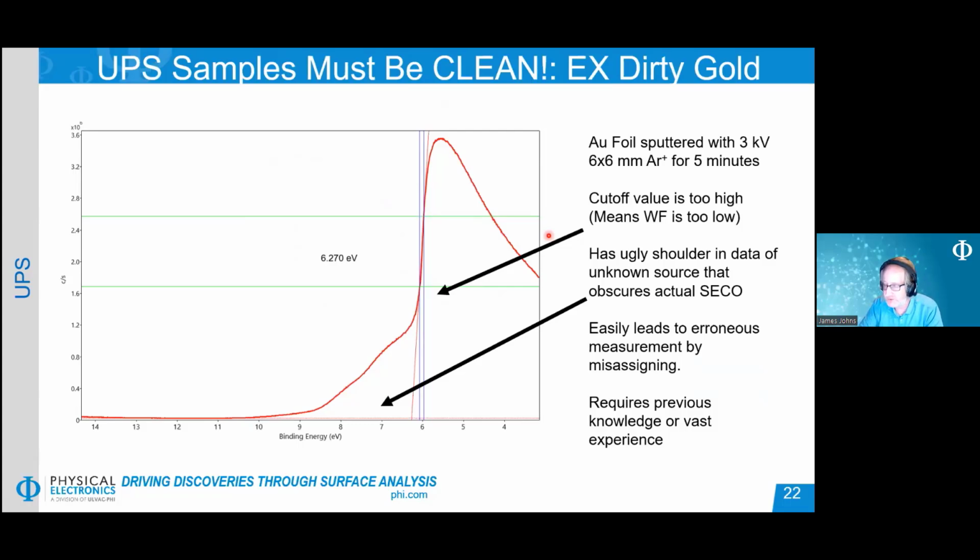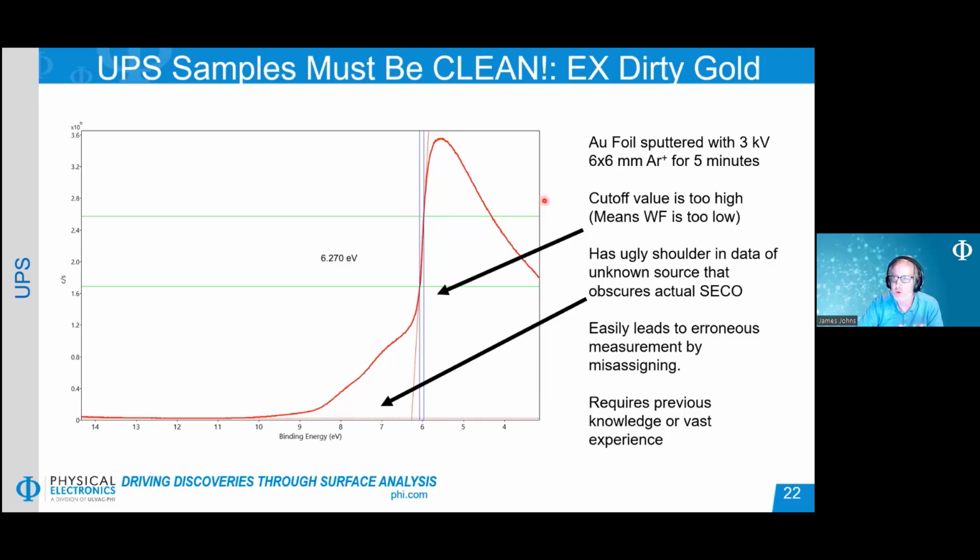Now, one thing I wanted to point out. I mentioned earlier how UPS was so surface specific. That means that it's sensitive to contamination. One of the most common problems in acquiring UPS data is sample cleanliness.